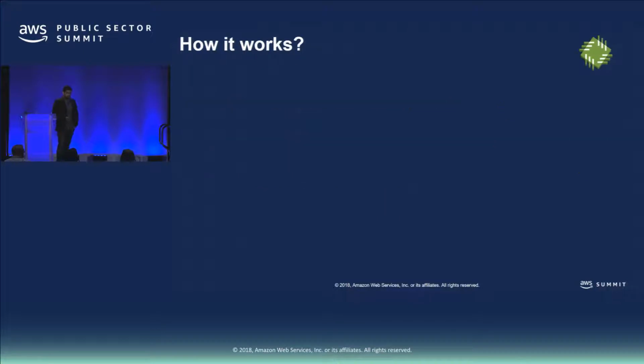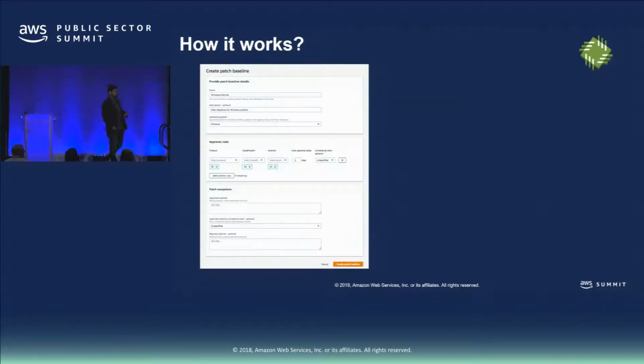So how to use it? It's pretty straightforward. First of all, you would have to create what I just defined as a patch baseline. You define your patch rules. The patch rule would include the severity of the patches, like critical or medium level, and then you can also define what kind of patches they are, maybe operating system or software patches.